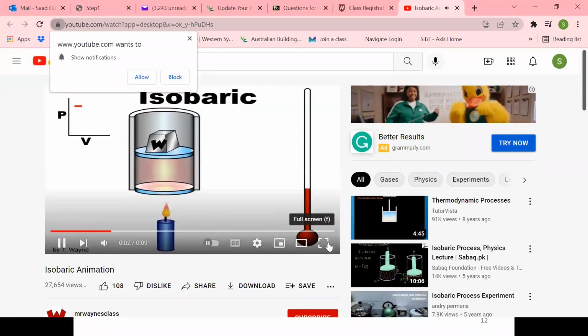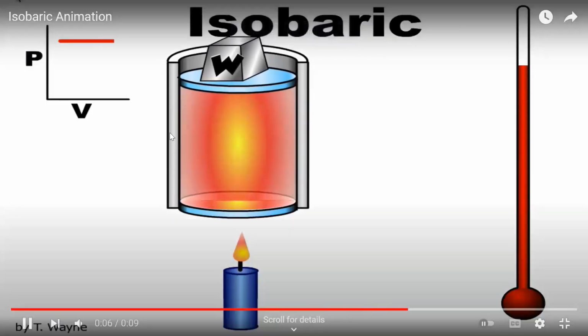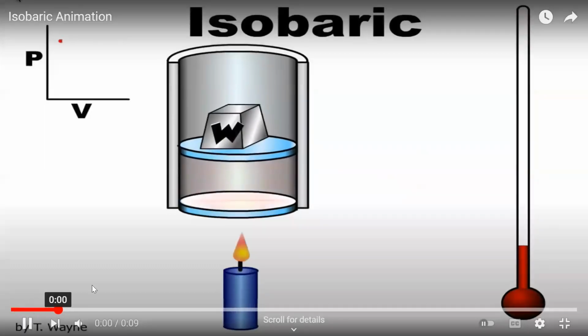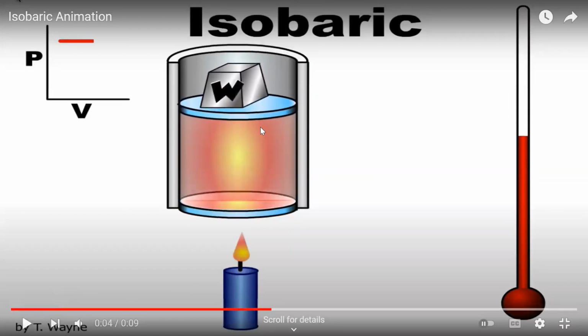So as you can see here, this is an isobaric process. The pressure is always constant. While we are heating this, the piston is going up because the volume increases. As you can see on the right side, the temperature also increases. The thermometer here shows the increase in temperature. So we have an increase in temperature because of the heat added to the system, but always constant pressure.